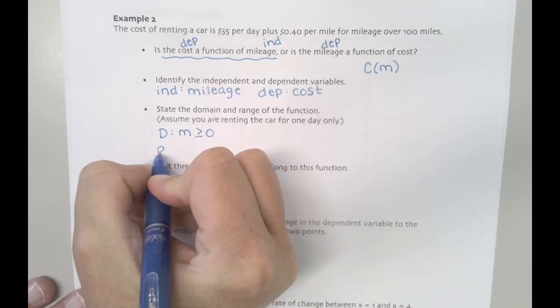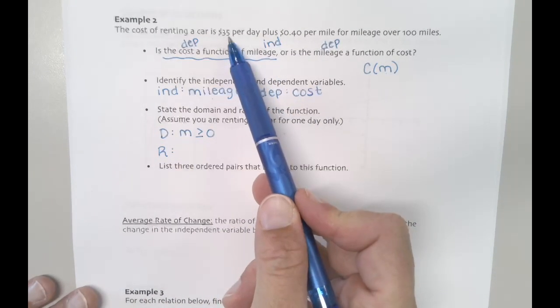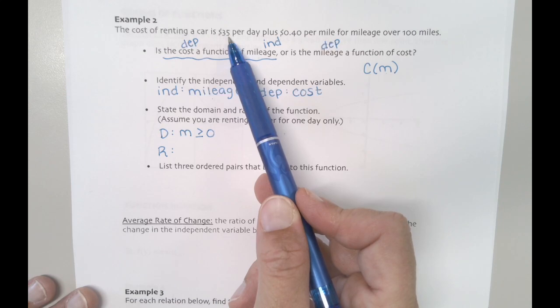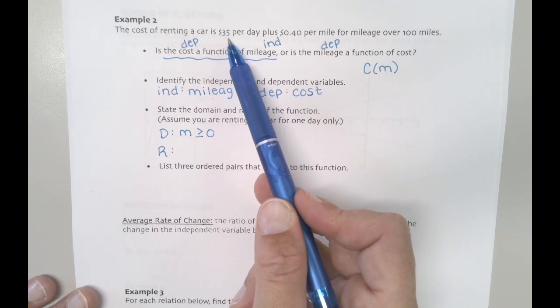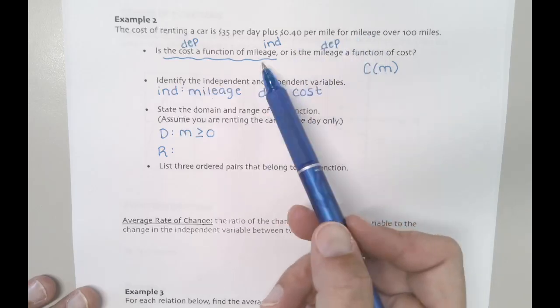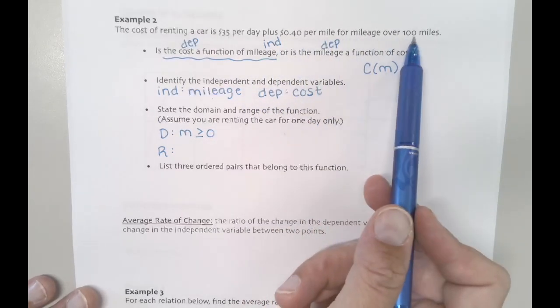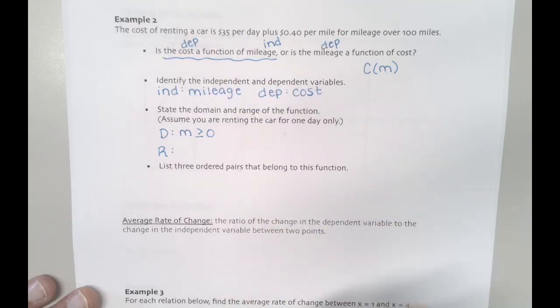So something greater than or equal to 0 would make sense for your mileage. Now for your cost, well, we know if we're renting this car for one day, we have to pay at least $35. We could rent the car for one day and then sit in the parking lot all day, right? That'd be dumb, but we could do it. And so then our cost would just be that $35 because we'd have 0 miles, okay? And in fact, actually, this goes up to 100 miles. So even if we drove under 100 miles, that $35 is still all we're paying.